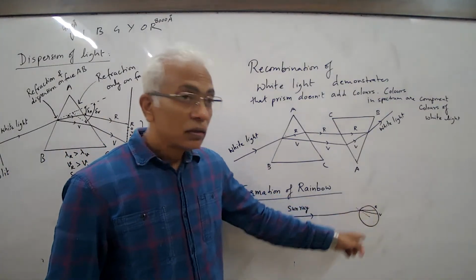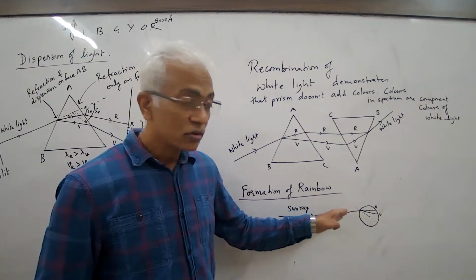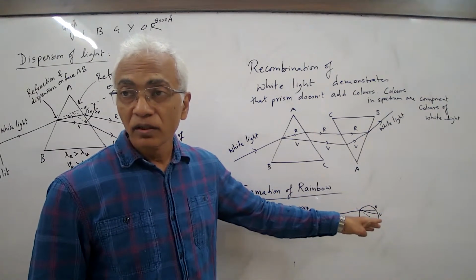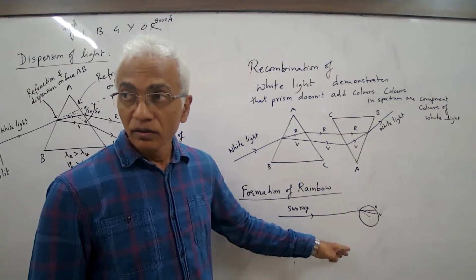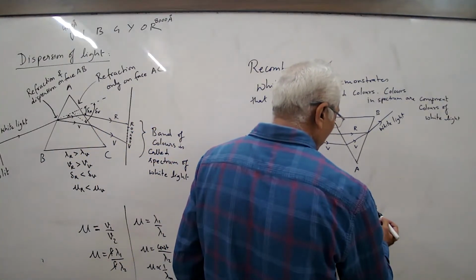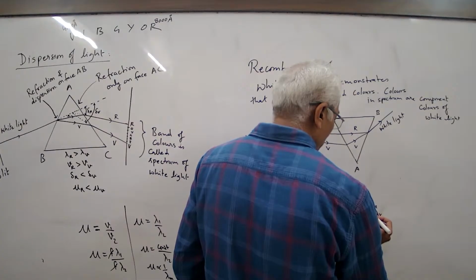Now there will be a reflection inside because at every surface, it's not 100% transmission. Some part is reflected also. Understand? So the reflected ray, this is how it is.